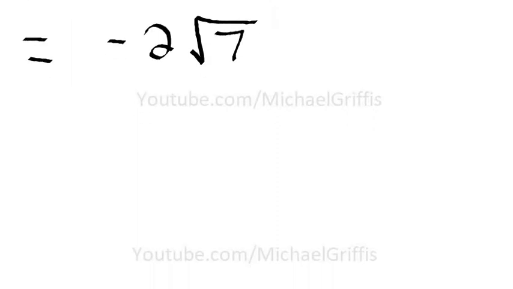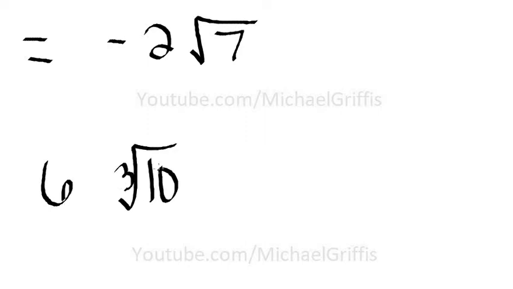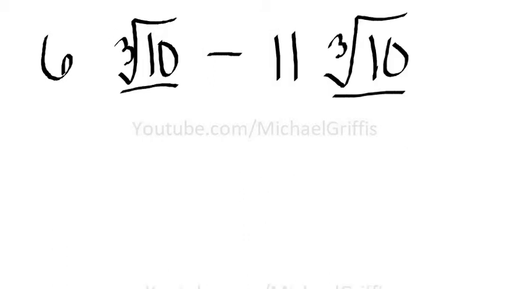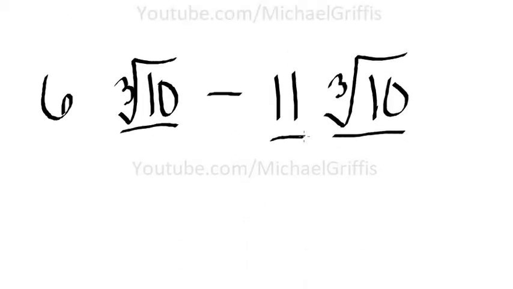All right. Let's take a look at this one here. We have 6 times 3 roots of 10 minus 11 times 3 roots of 10. Since we both have 3 roots of 10, we can add their coefficients, which I'm calling out here as the coefficients. 6 minus 11, what is 6 minus 11?